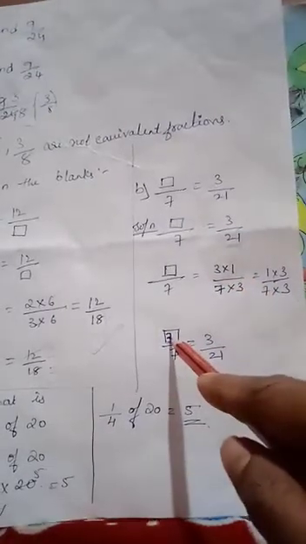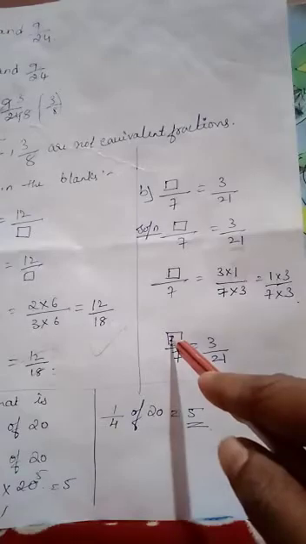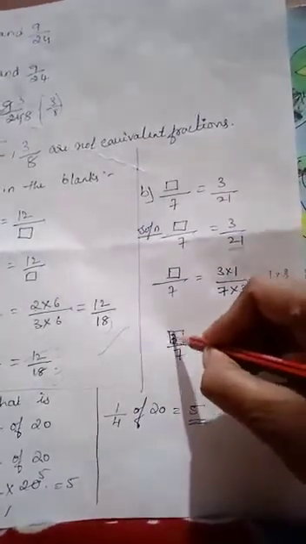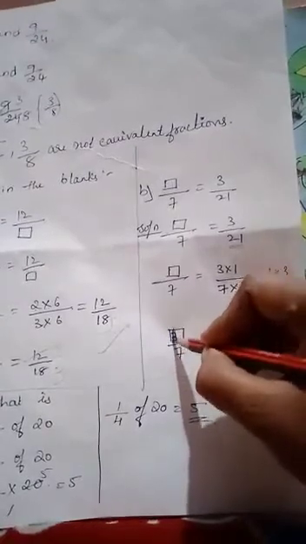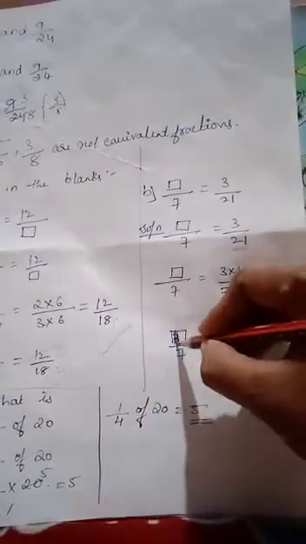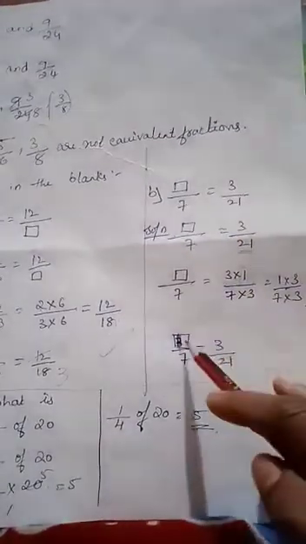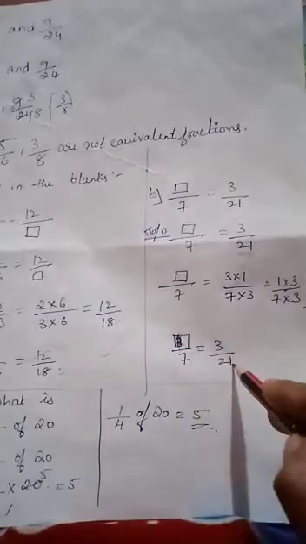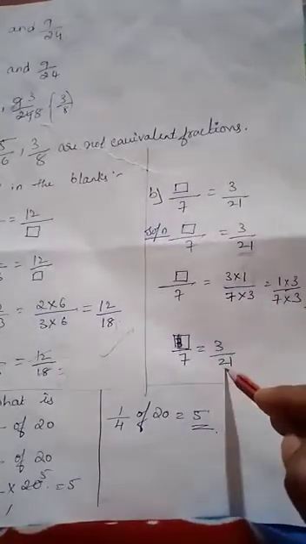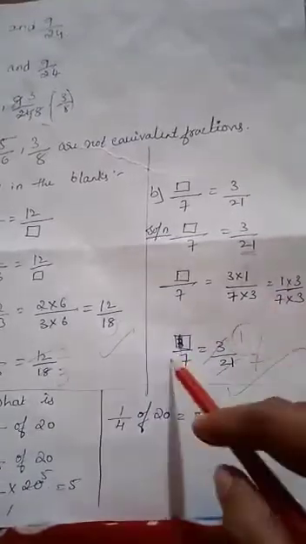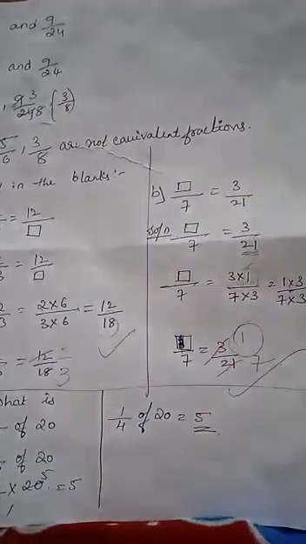Okay, not 3. What I wrote before is correct. It is here 1. So 1 into 3 will be 3, 7 into 3 will be 21. So 3 and 21, which table do they go in? 3 ones are 3, 3 sevens are 21. So what we got, this answer is correct. That is, 1 is correct. Clear?